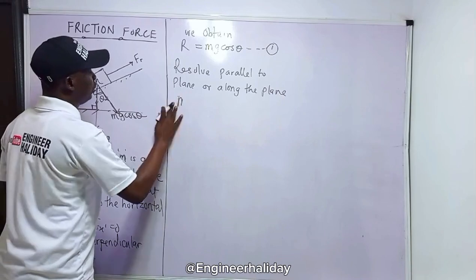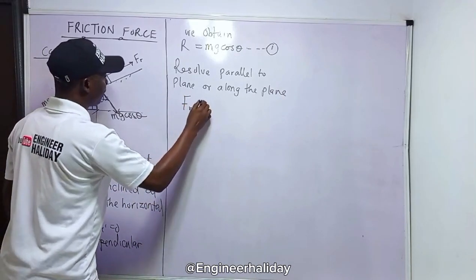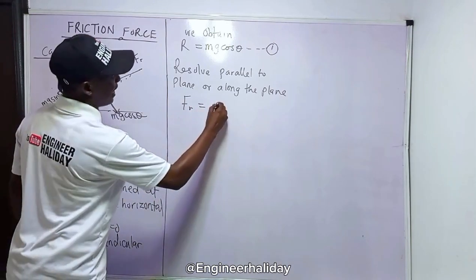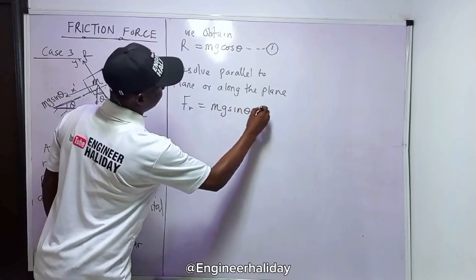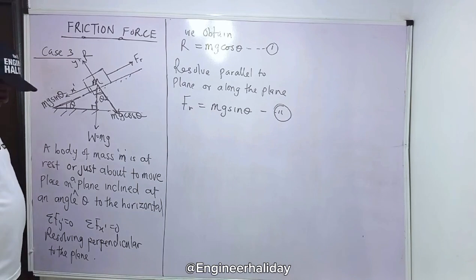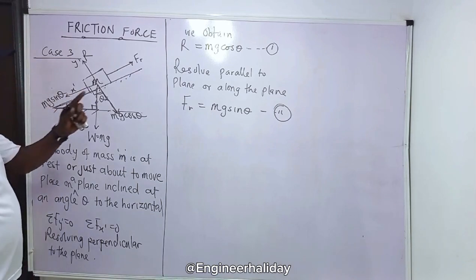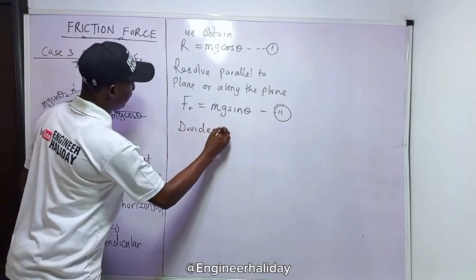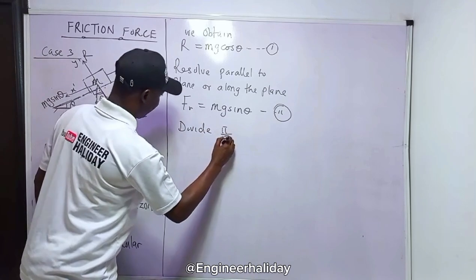So in this case, we assume it's at rest. Resolving along the plane, Fr is equal to mg sin theta. Take that one as equation 2. Now let us divide equation 2 over 1.